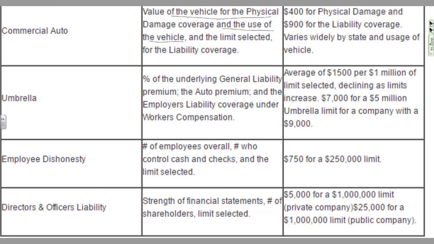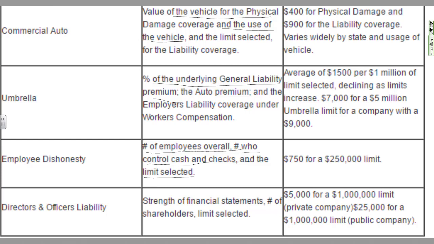With umbrella coverage, since the umbrella is over other underlying coverages, the exposure is based on the percent of the underlying premiums, which does make sense. With employee dishonesty, the exposure is based on the number of employees overall and the number who control cash and checks, and the limit that you select.